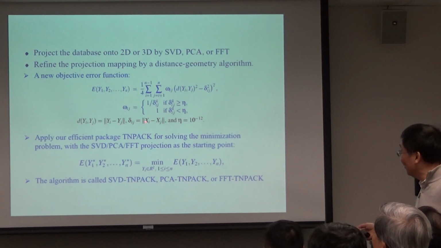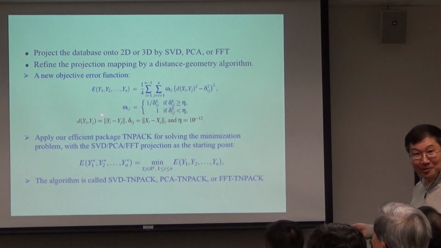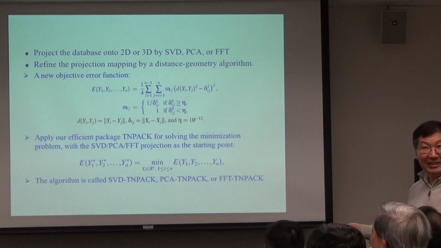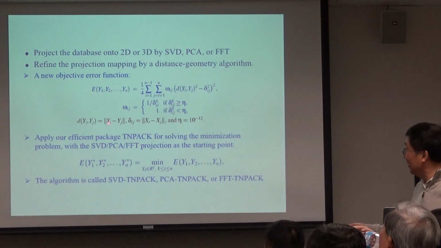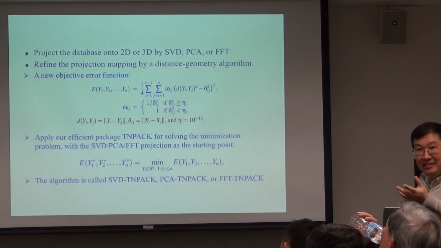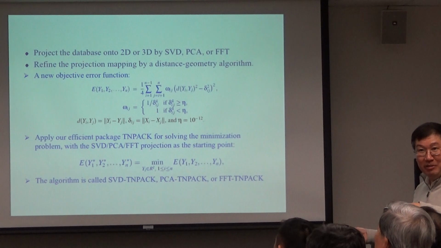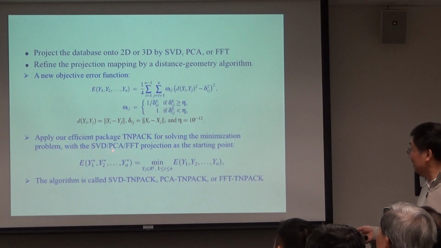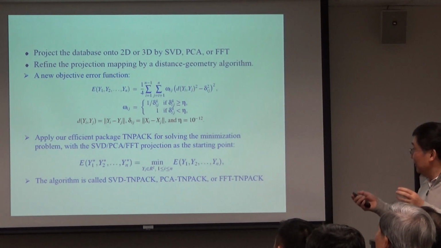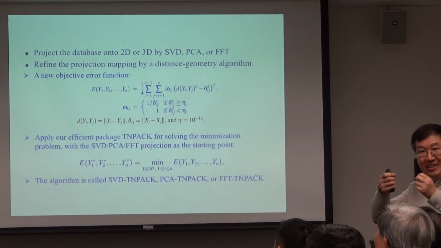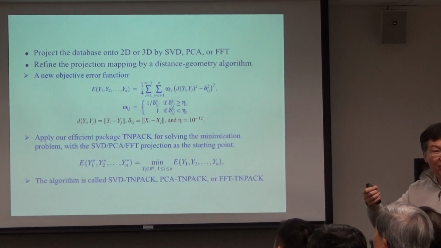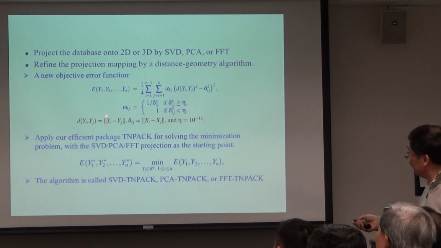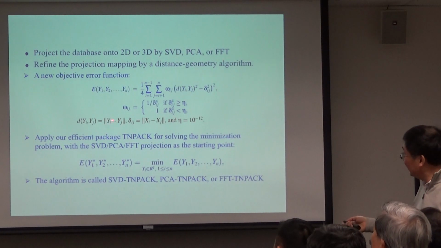And then you do the calculation of all the distances. So this is the exact value from the original, high dimension database. And then Y is the mapping to the low dimension from the high dimension. Now we want this mapping to maintain the distance similarity relationships in this sense. So you have this distance.